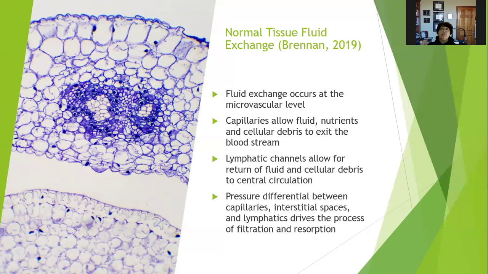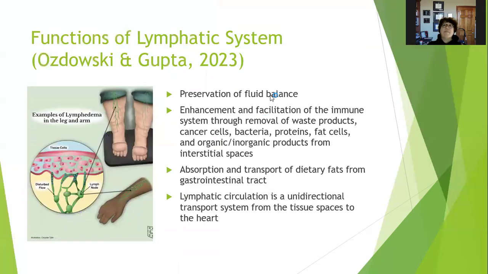The pressure differences between the capillaries and interstitial spaces in lymphatics drive the process of filtration and resorption. We've talked about this, and we're just reviewing that information. That balance between hydrostatic pressure and osmotic pressure is what drives it.